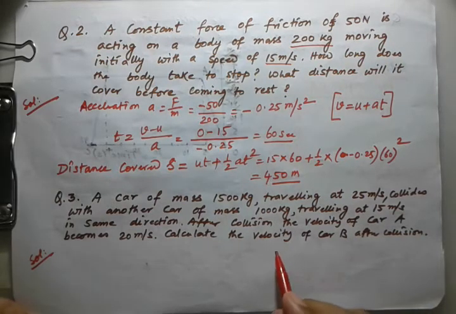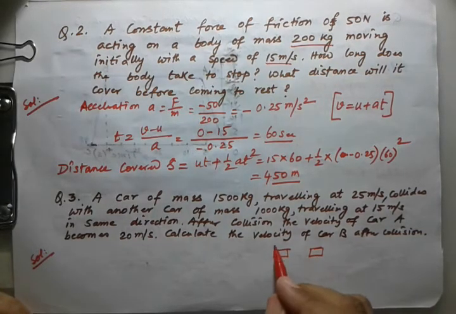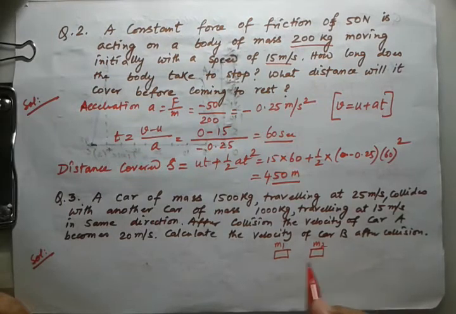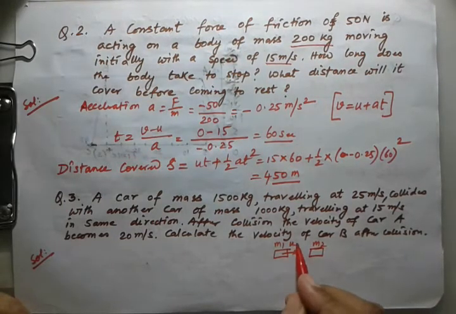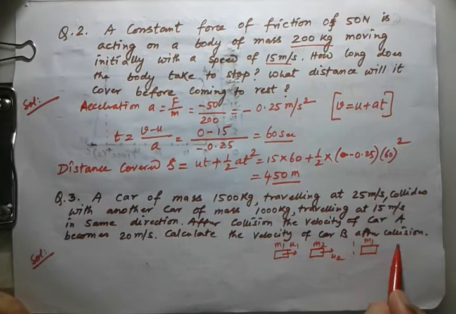Suppose this is one car and this is another car. Masses are m1, m2, and velocities were u1, u2. They collide here. After collision, the masses will be the same, m1 and m2, and the velocities will be v1 and v2.